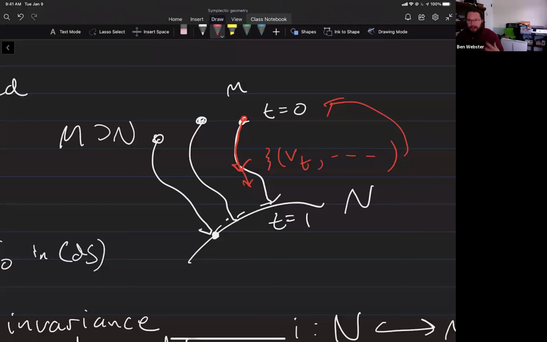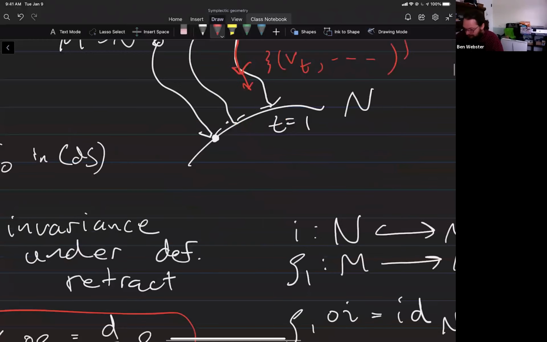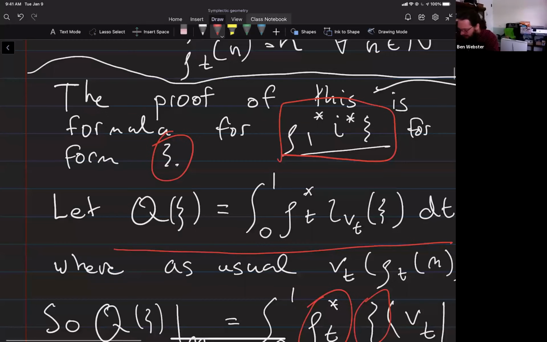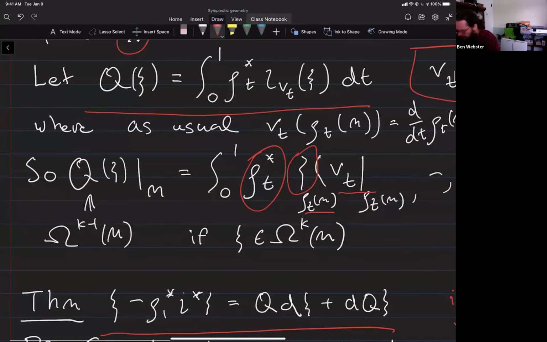So if you're used to abstract algebraic topology, I'm telling you the spaces M and N are homotopy equivalent. And this formula is kind of how that manifests on de Rham cohomology.